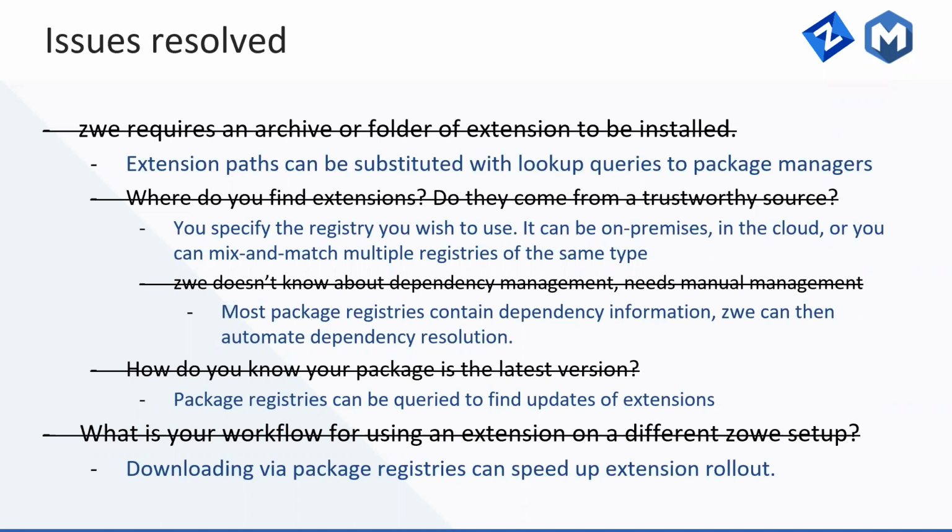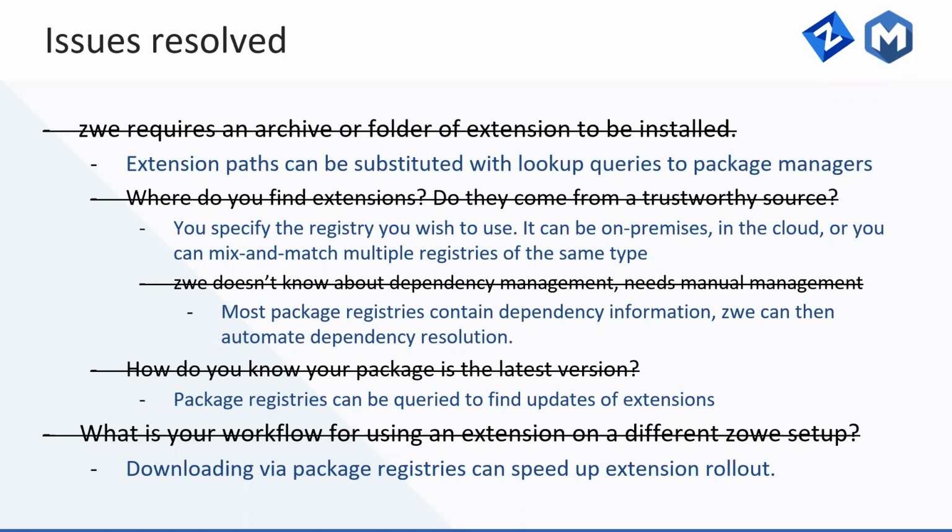And so that now means that the trust shifts from having to trust programs that you don't know where they came from, to now you know that it came from this registry. And so you have to know that that registry is trustworthy. And if it is an on-premises registry, then you're in good shape.